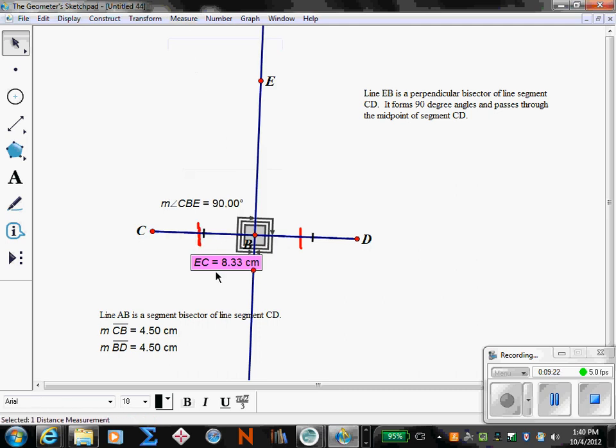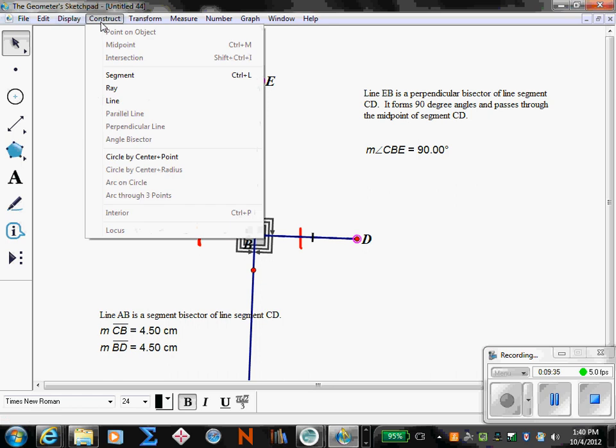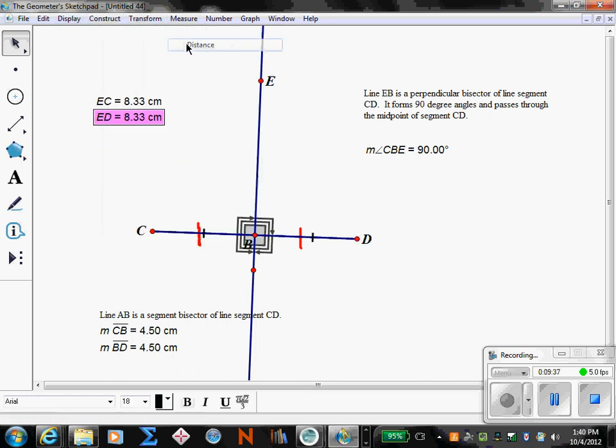So line segment EC is 8.33. I'm going to move this out of the way. And then I'm going to measure the length E to D. I'm not going to construct the segment, I'm just going to measure the length. E to D is also 8.33.